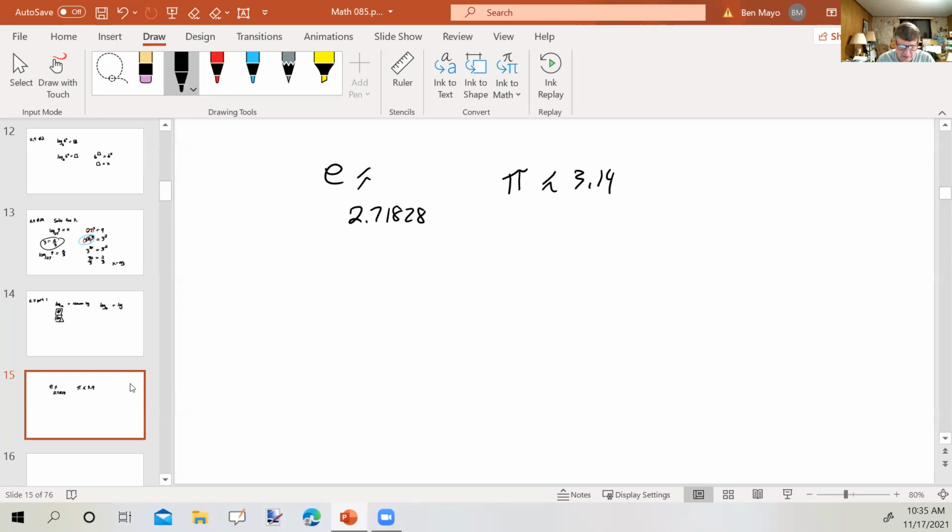Now, what do I mean by continuously? Well, let's take the compound interest formula that we looked at yesterday. And k stood for the number of times that the interest was compounded. If it was annually, k was 1, semi-annually, k was 2, quarterly, k was 4, monthly, k was 12, daily, k was 365.